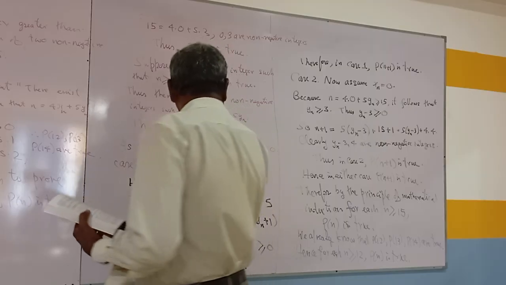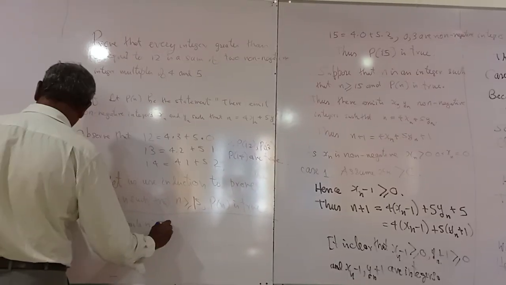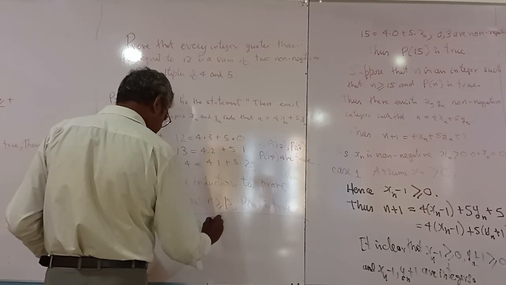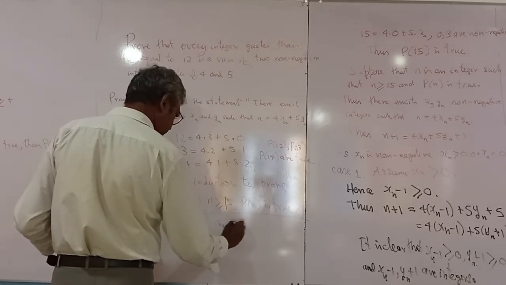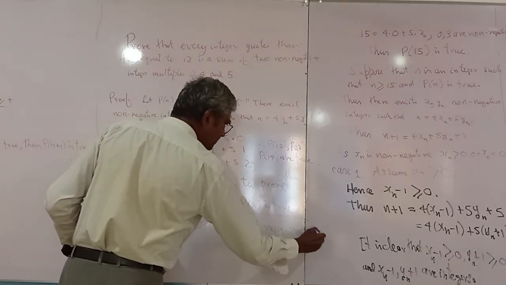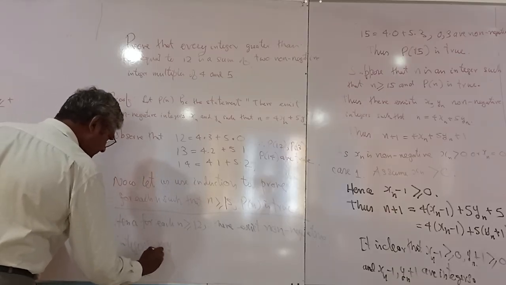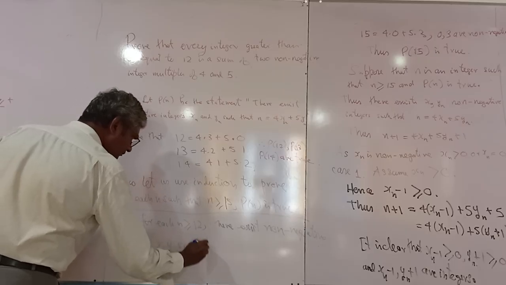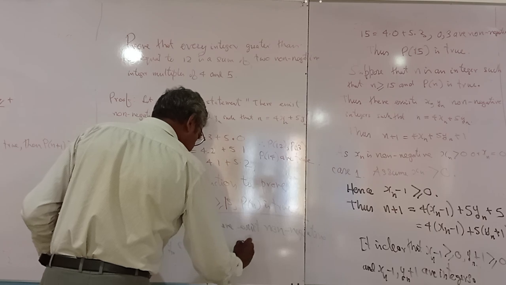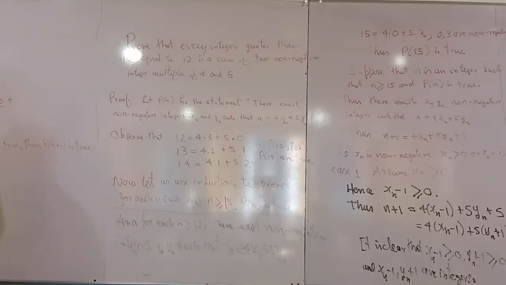Hence, for each n greater than or equal to 12, there exist non-negative integers xn and yn such that n is equal to 4xn plus 5yn. So I have written the reason I selected this problem.